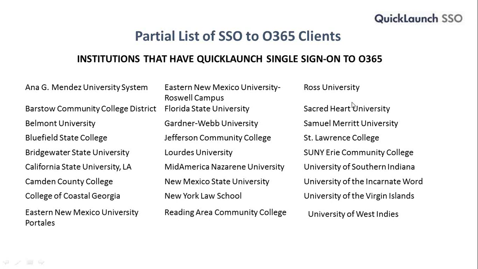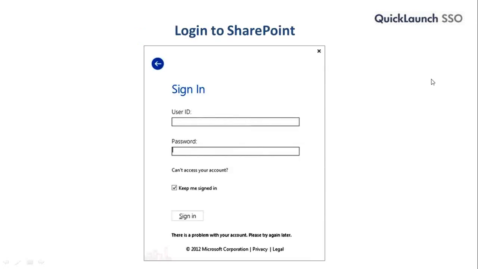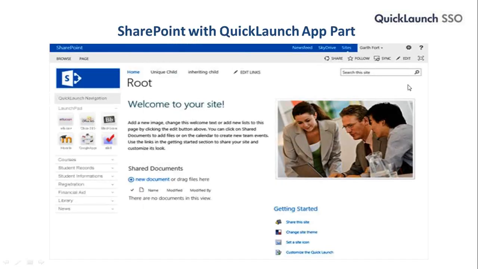The specific user experience as it relates to SharePoint is that you hit a login screen, you get into the SharePoint environment, and if you launch out from SharePoint 2013, where it's called an app part, here's your QuickLaunch application.